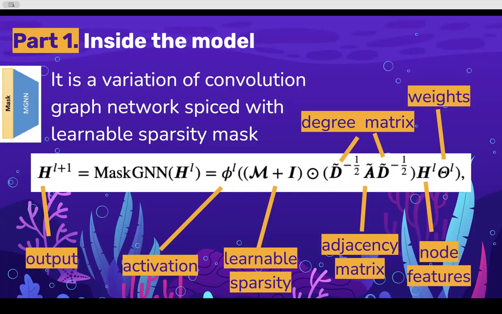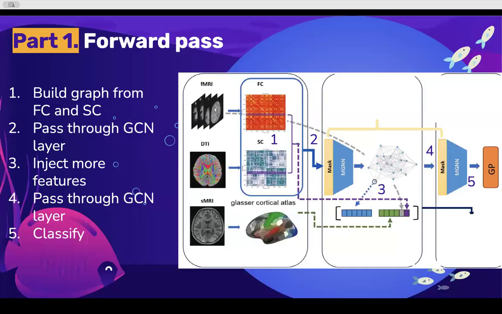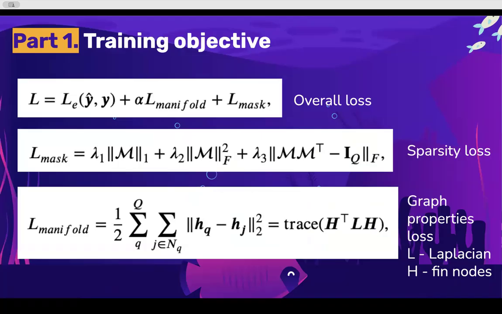But this M is quite weird. If you look at the objective again, L1 promotes sparsity, L2 promotes density, and I'm trying to analyze this. So L2 promotes distribution of energy everywhere, so every value of M has some value.